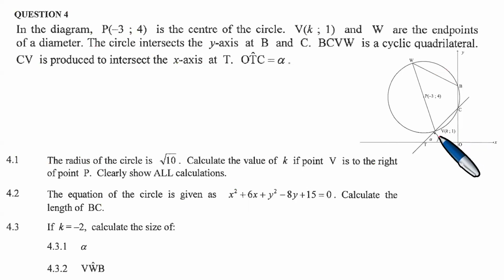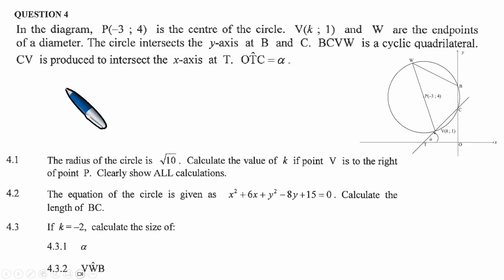So V and W are the endpoints of a diameter. The circle intersects the y-axis at B and C. BCVW is a cyclic quadrilateral.